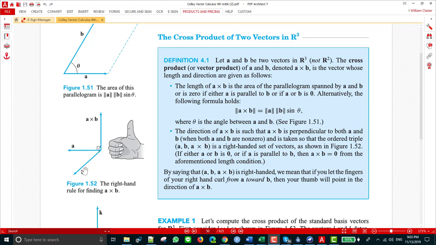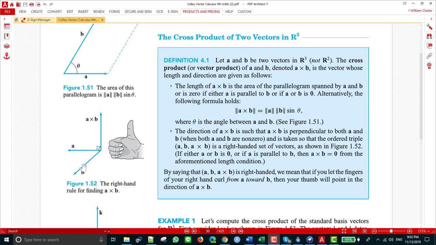Remember, when is the sine biggest? The sine is biggest when you have a 90-degree angle, or a 270-degree angle. The sine is the y coordinate, so it's largest at 90 degrees, let's say. So when is this cross product going to be largest?